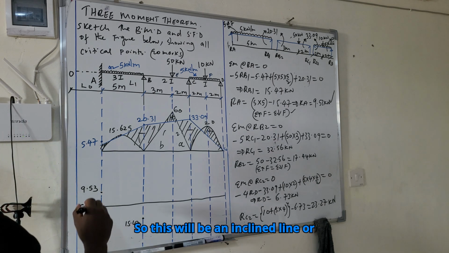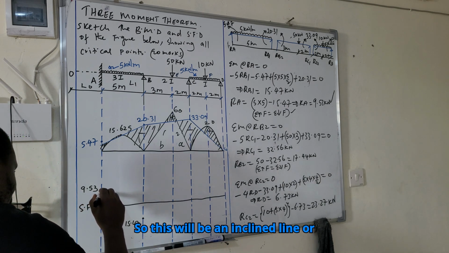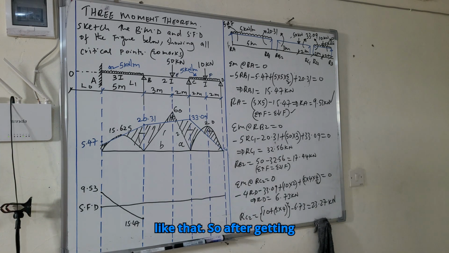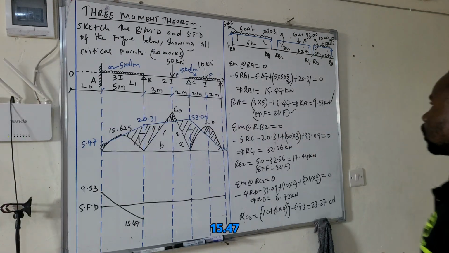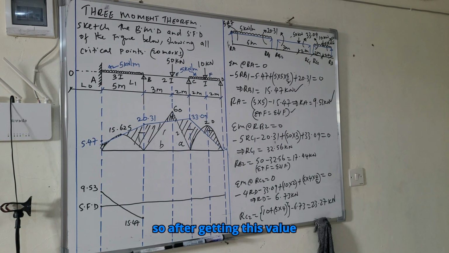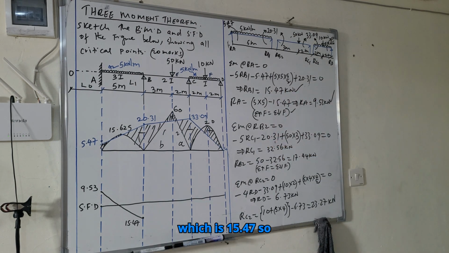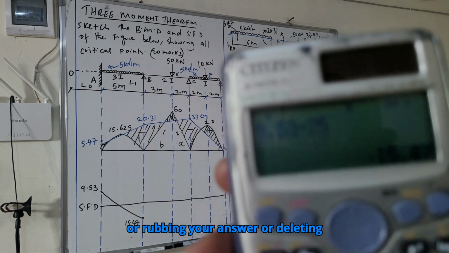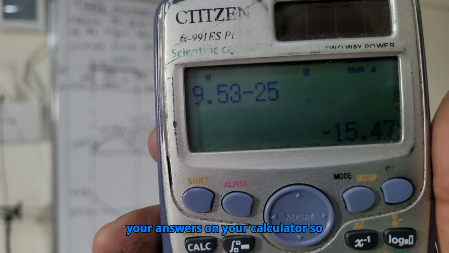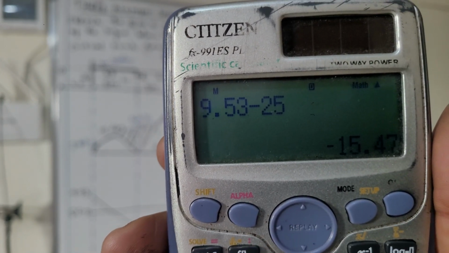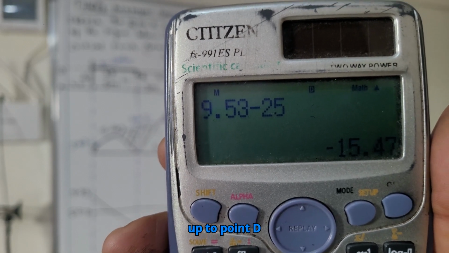This will be an inclined, diagonal line like that. After getting this value, don't make the mistake of deleting your answers on your calculator. So continue adding and subtracting up to point D.